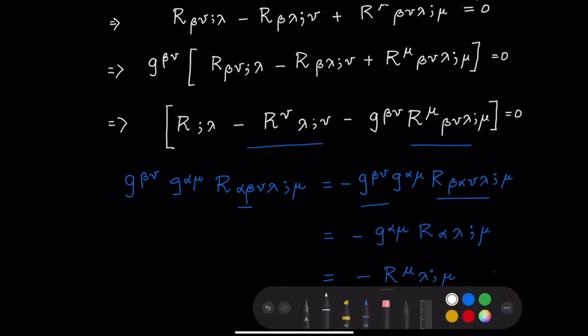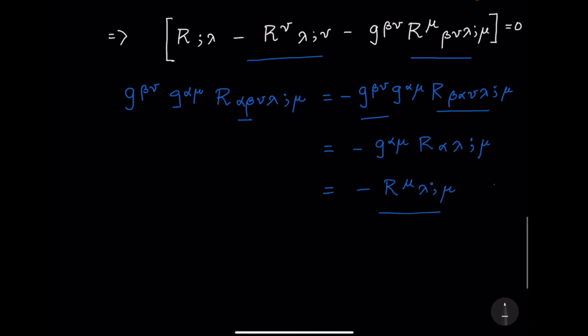So let us now write this down with white again, that this is R. I get 2 of this term.